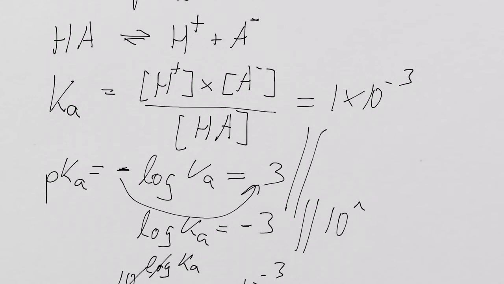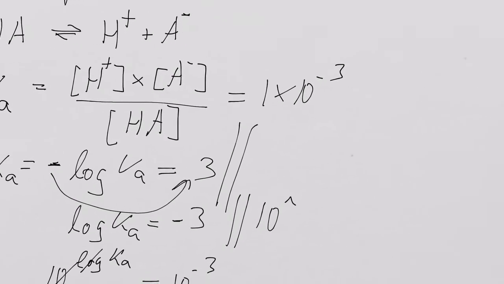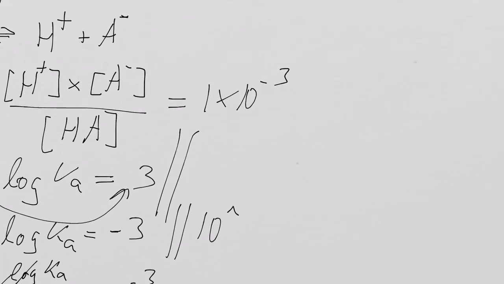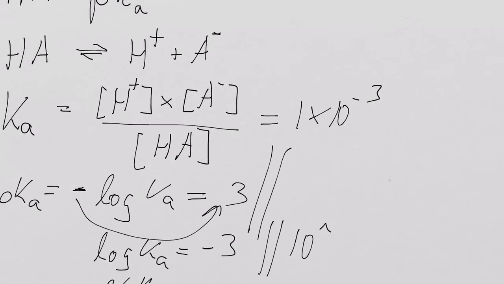it basically tells us that here we have one molecule and one molecule, whereas here we have 1,000 molecules.